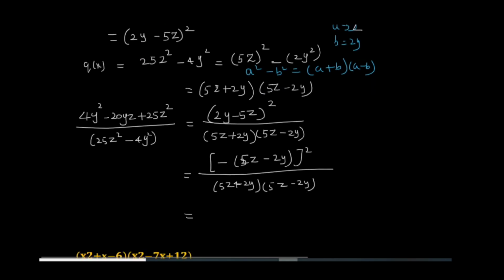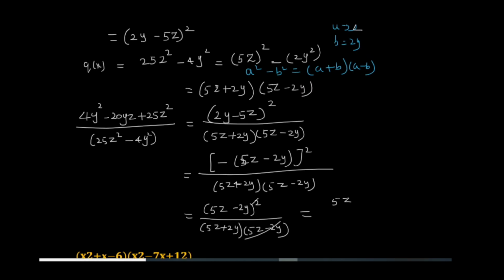The numerator becomes 5z minus 2y the whole squared divided by 5z plus 2y into 5z minus 2y. We can cancel one factor, so the rest of the factors are 5z minus 2y divided by 5z plus 2y.